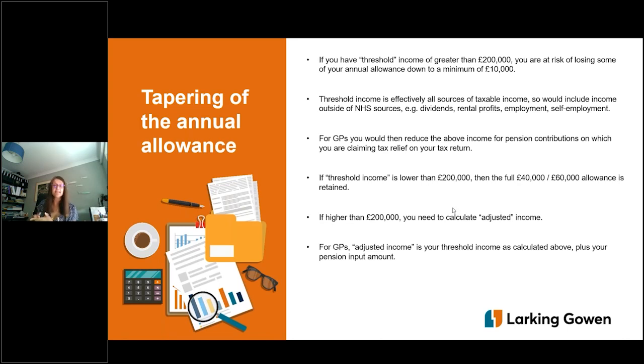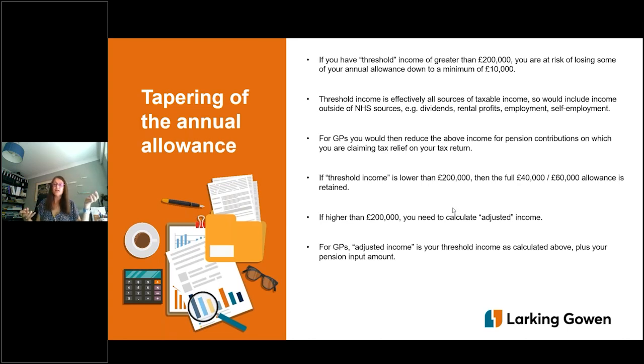If you're thinking of taking dividends from a company, just make sure that's not going to trip you over. If you've got some overseas income that you don't bring back to the UK, it may be that you don't have to include that on your tax return. It's quite difficult to plan what your profit is going to be because you don't know exactly what your profit is going to be in the year until after the tax year.